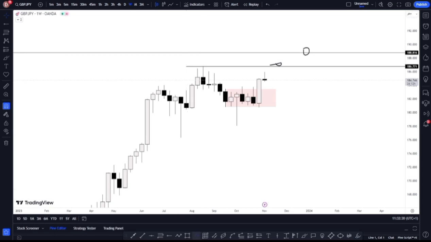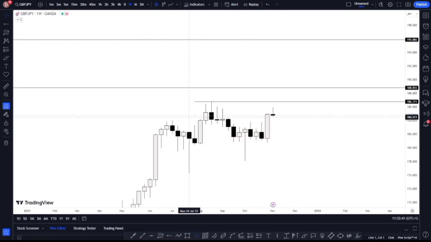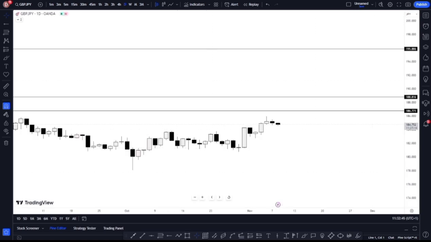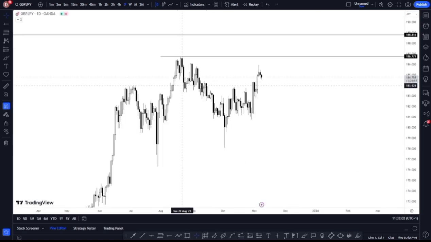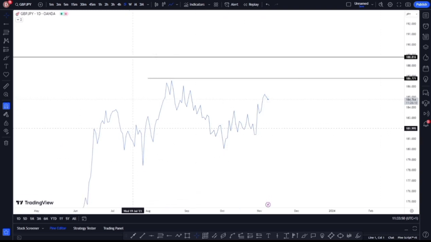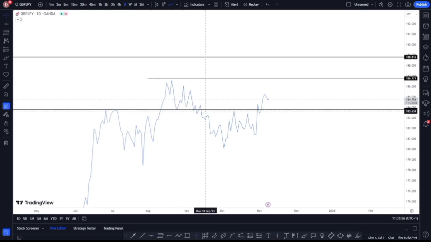So that being said, let's move down to the daily time frame to see what the market is actually doing there. On the daily time frame, you can see that the market has successfully made a push to the upside, and as it is retracing to the downside, you have to look for a zone or an area of interest. To get that zone, I'll just change to line chart. On the line chart, I can see a particular zone that has been tested so many times, which is this zone.